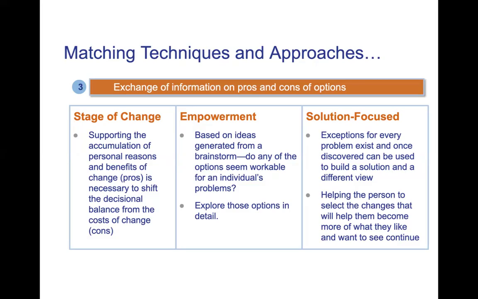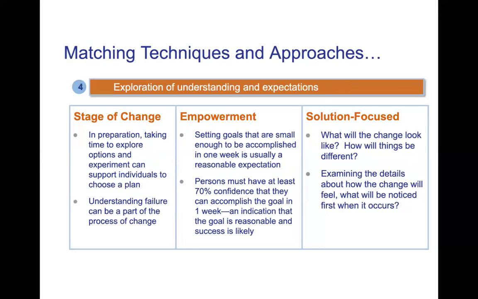And then you explore those options together in detail. Exceptions for every problem exist, and once discovered, they can be used to build a solution in a different view, helping the person to select the change that will help them become more of what they like and what they want to see continue. Generally, most adults do better when they have options and choices instead of being told what to do when it is a complex situation.